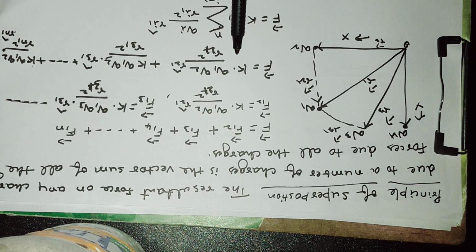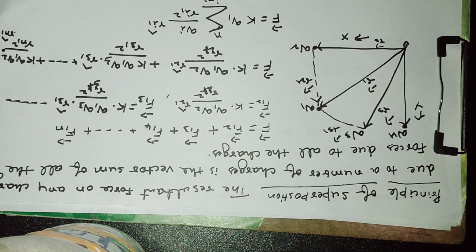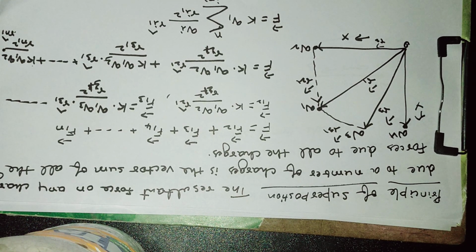Vector F equals K into q1 q2 by r21 square into r21 cap plus K into q1 q3 by r31 square into r31 cap, etc., K into q1 qn by rn1 square into rn1 cap. So this may be summarized as vector F equals K into q1, which is common in each term, sigma with i as the variable running from 2 to n, qi by ri1 square into ri1 cap. So this is the principle of superposition.